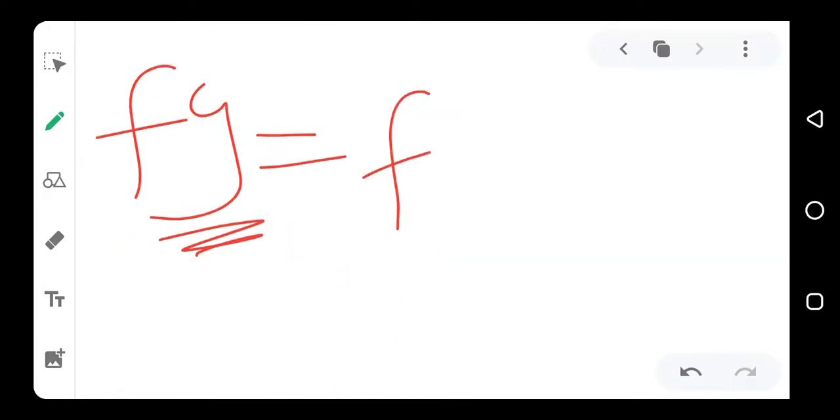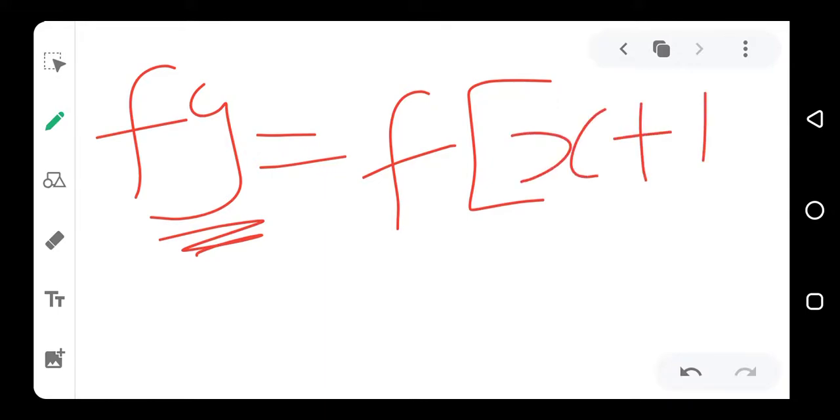We have f brackets x plus 1. Now we find the function of x plus 1. We know that from f, we use this value to put in place of the value of x in f.